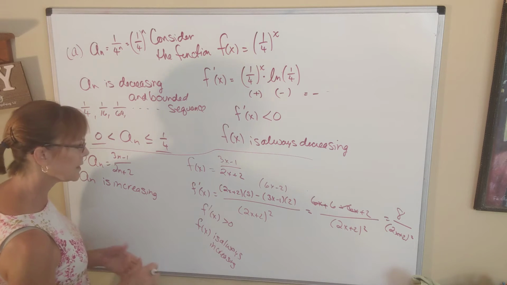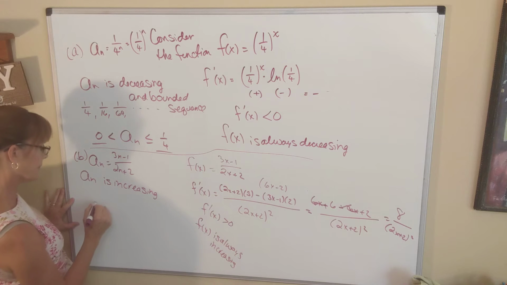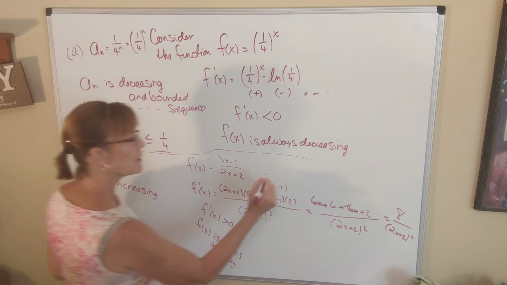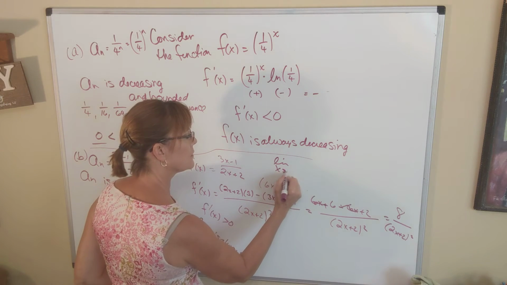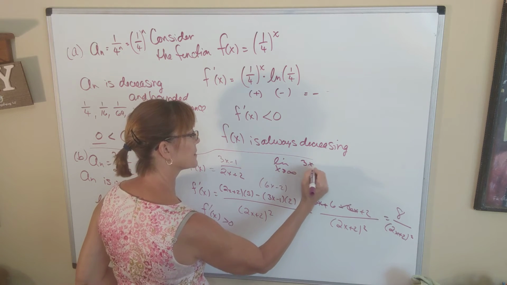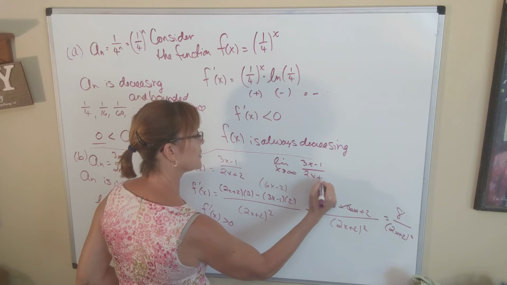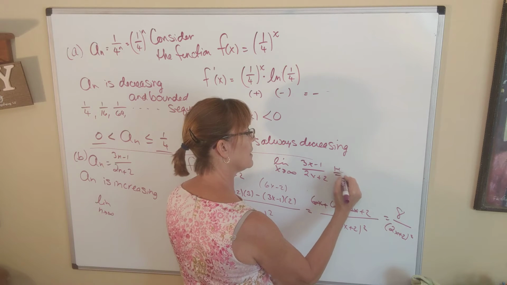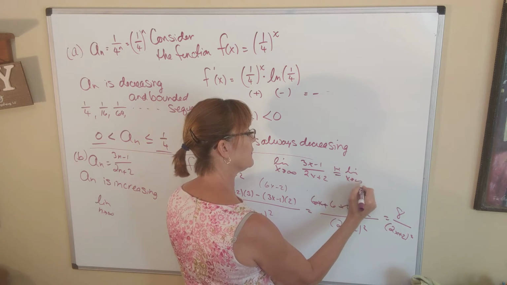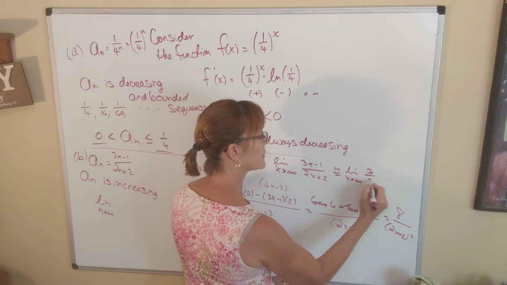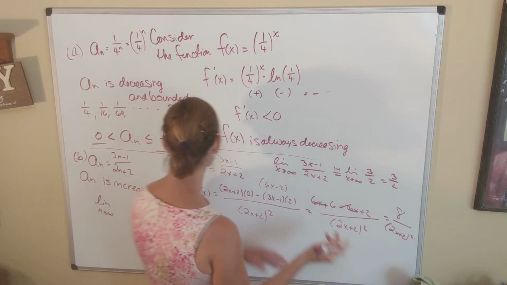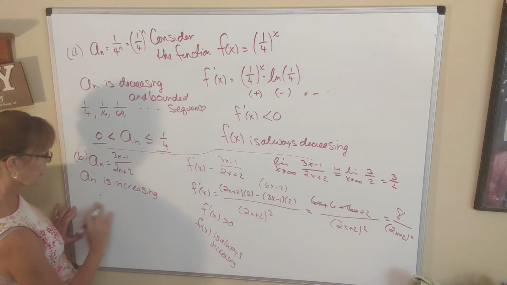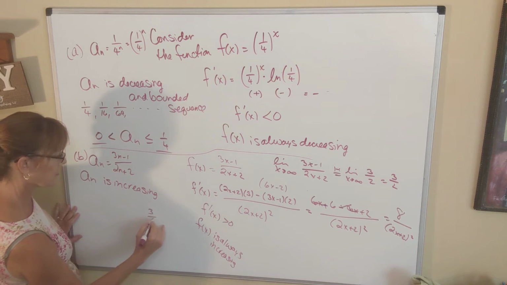So let's see, what would be the limit as n goes to infinity, or the limit as x goes to infinity of (3x minus 1) over (2x plus 2), and we could use L'Hopital's rule here and find out that the limit as x goes to infinity is going to be 3 over 2, 3 halves. This sequence converges to 3 over 2. So what that means is, yeah, it won't get bigger than 3 over 2.